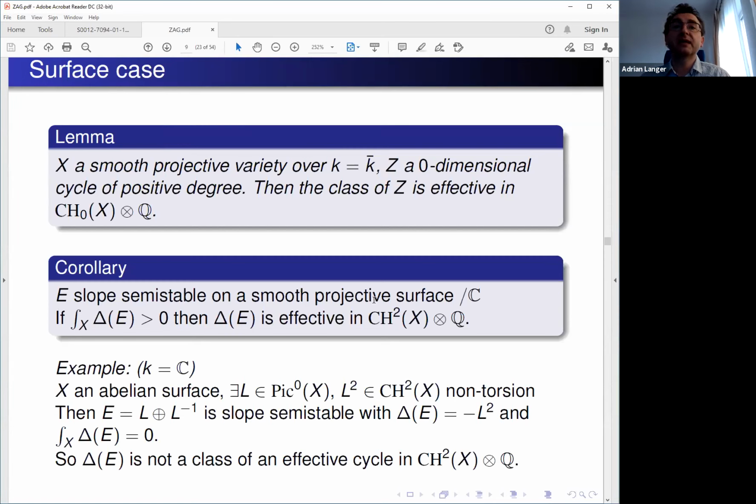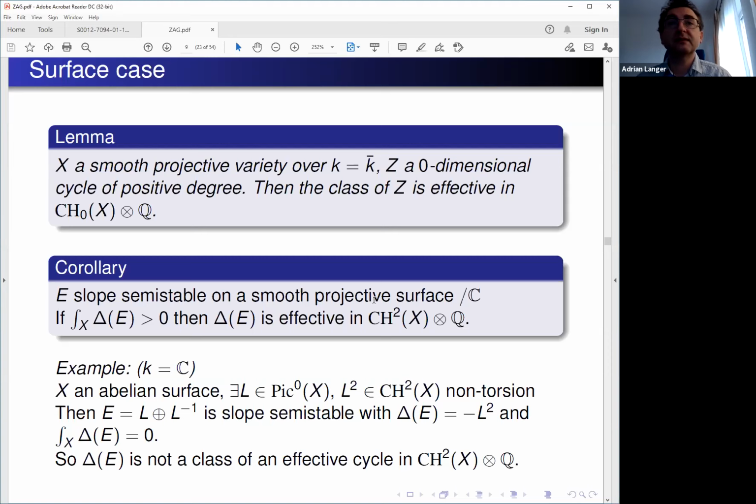Even if we take an abelian surface and a line bundle in Pic 0, one can choose it in such a way that the self-intersection of this line bundle is non-torsion in the Chow group of 0 cycles. Then if we take a direct sum of this line bundle with its dual, it is completely obvious that it is slope semi-stable with respect to every polarization. But the discriminant is equal to minus L squared, and the degree of this is 0, but unfortunately it's not a class of an effective cycle due to this non-torsion.